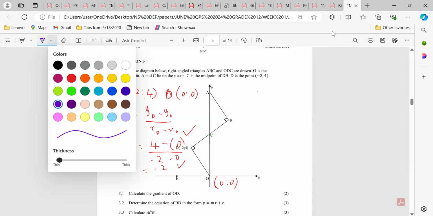Yes. And then what do we know about perpendicular lines? The product of the gradients is -1.